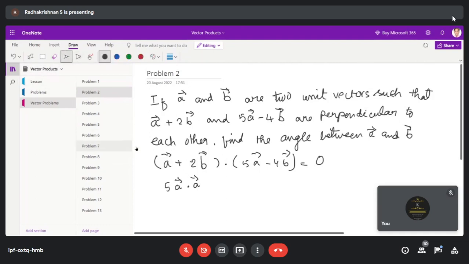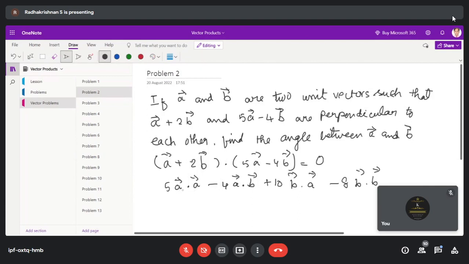Wait a minute. So first 5a dot a minus 4a dot b, correct? Plus 10 a vector dot b vector. Minus 8 b dot b. Correct? So what is a dot a?